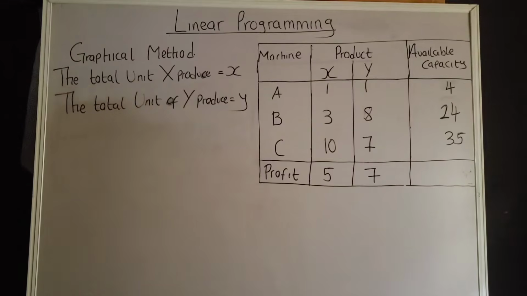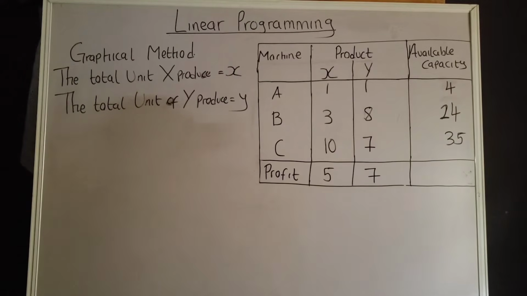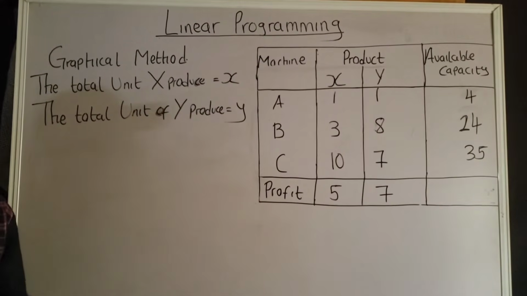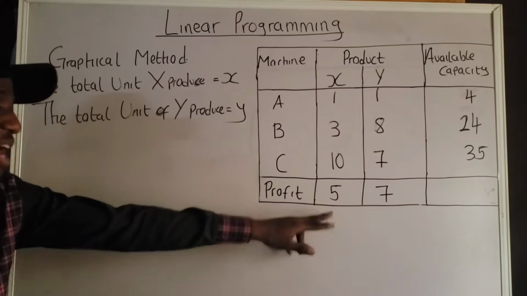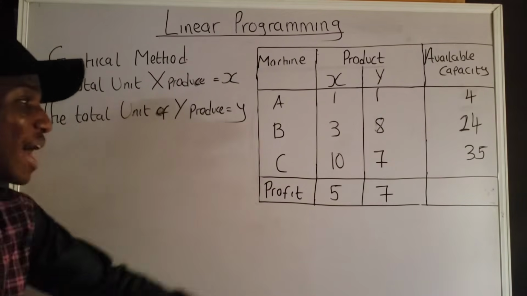Now, let's start by forming our objective function. The objective function is also known as the profit maximization function. And as you can see from the question, the profit that is gotten by selling 1 unit of X is $5, and the profit that is gotten by selling 1 unit of Y is $7.